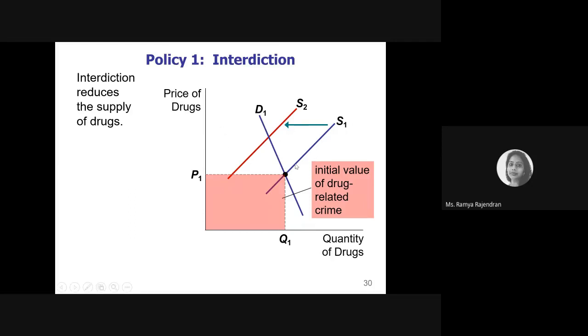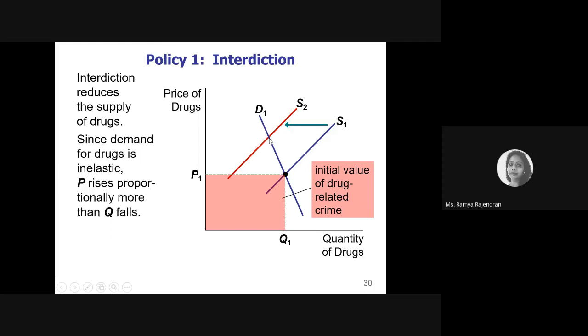When the quantity decreases, it shifts to the left, so that we create a new equilibrium. But here the price is increasing, since the demand for drugs is inelastic.